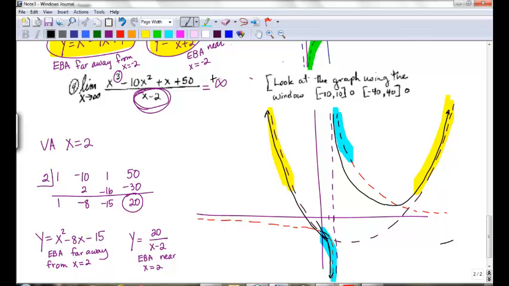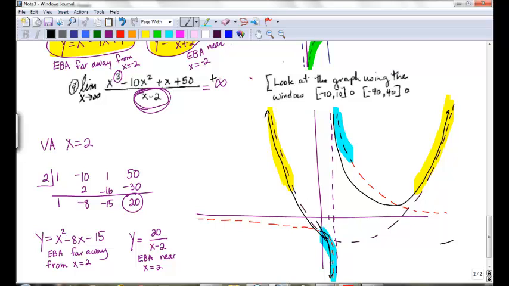You can tell by your graph, it's going up. This graph is going to positive infinity, and this one's going to positive infinity. Negative infinity would be if the graph was going down. But it's the limit as x goes to positive infinity.